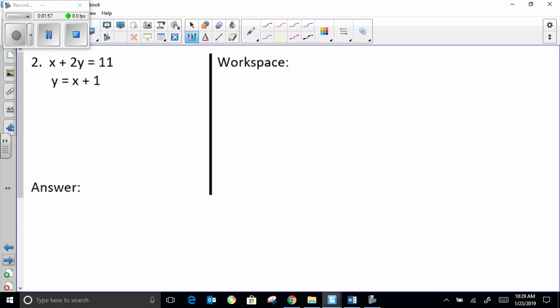Number 2, x plus 2y is equal to 11, y is equal to x plus 1. This equation is already solved for y. So since I know that equation is solved for y, in place of using y, I'm going to substitute what y is equal to. So I'm going to write x plus 2 times (x plus 1) is equal to 11.